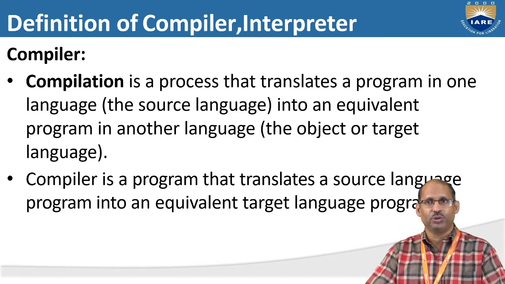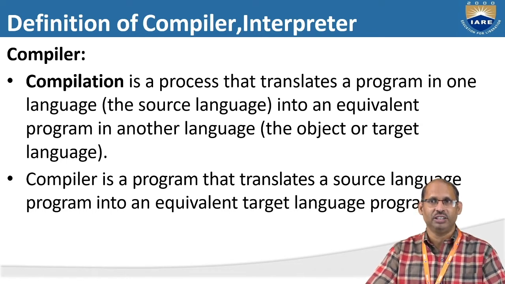So writing the programs in machine level language is very difficult, and finding the errors and recovering from the errors is also difficult in machine level language programs. But machines can understand only the machine level language programs.